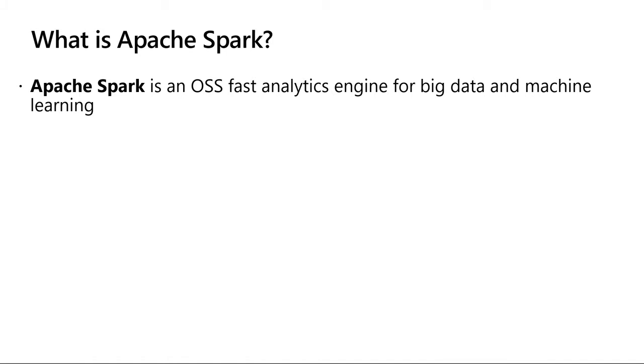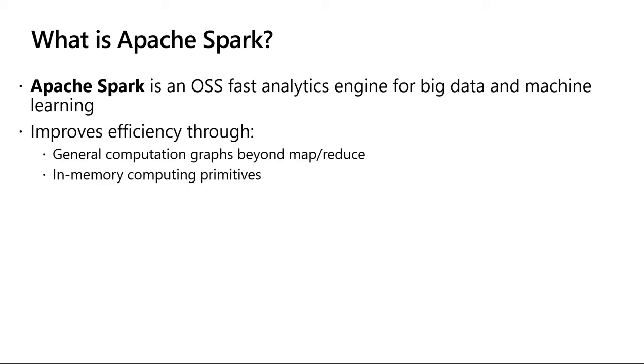So let's start quickly and talk about what is Apache Spark for those few of you that don't know yet. Apache Spark is an open source fast analytic engine for doing big data transformation and machine learning. It is designed to be efficient by giving you a general computation graph that goes beyond the general MapReduce paradigm that was originally the standard paradigm for doing big data processing.